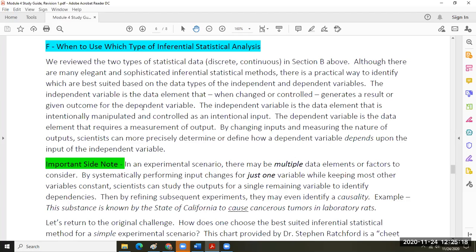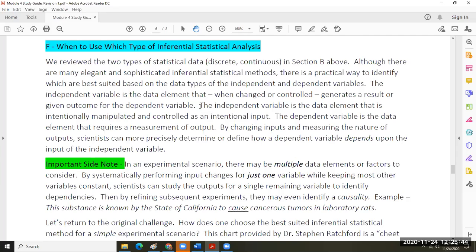I just want to offer you a bit of advice. So the dependent variable is the one that depends on the independent variable. Quite often the independent variable is an input and the dependent variable is the output. So that's one way to think about it.